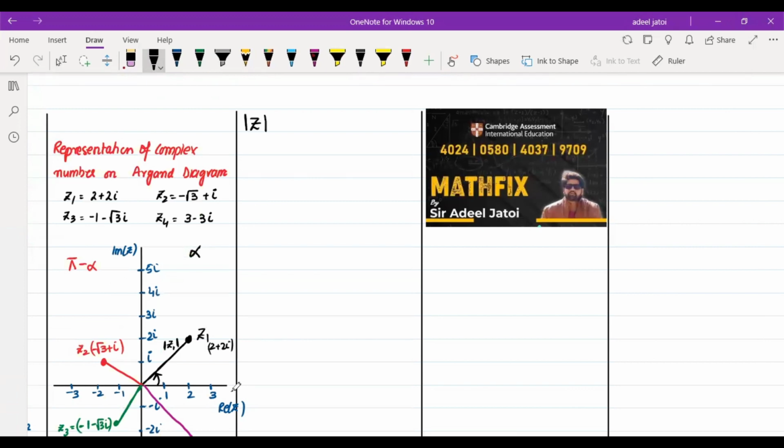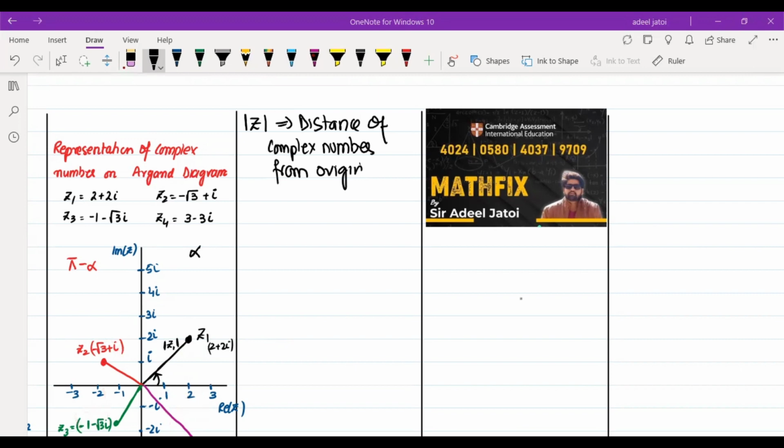And modulus of Z is representing the distance of the complex number from the origin, which means this distance becomes your Z. So that will be the modulus of Z1, this will give me the modulus of Z2, this will give me the modulus of Z3, this will give me the modulus of Z4.